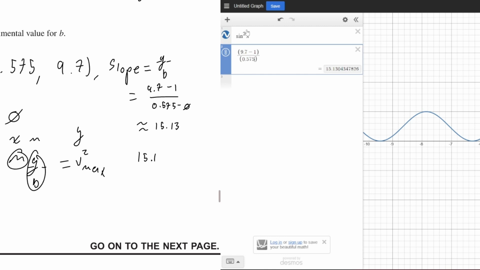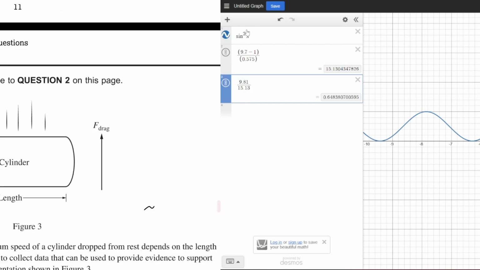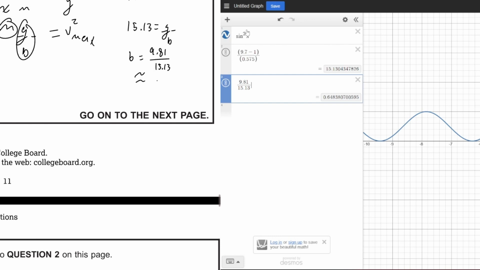Right, so now I'll set 15.13 equal to g over B. Well, I can just solve this for B. Well, g is 9.81, so I'll put that in. 9.81 divided by 15.13. Great. So B is roughly equal to 0.65.